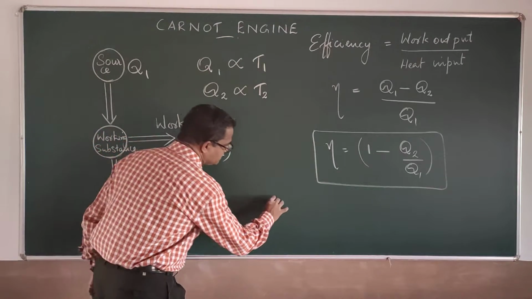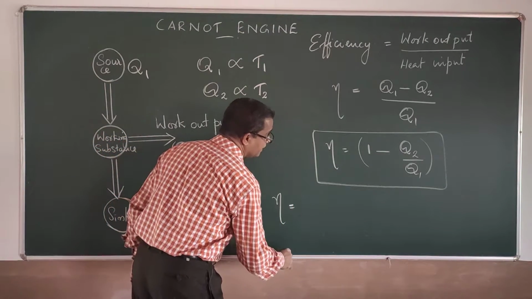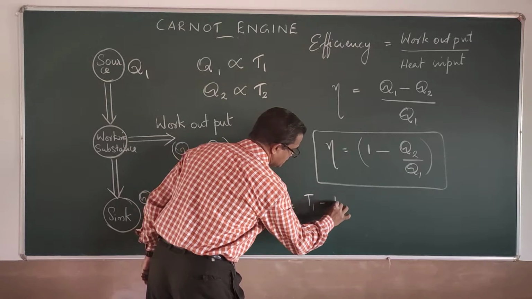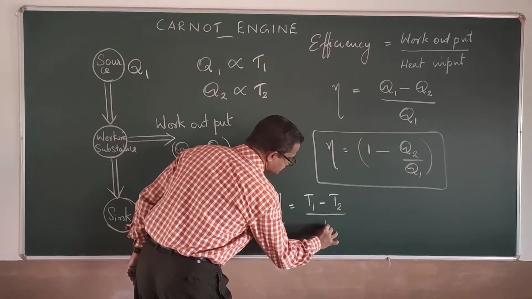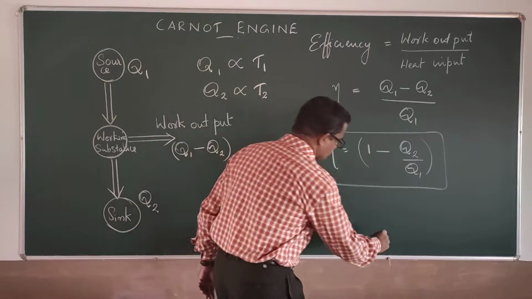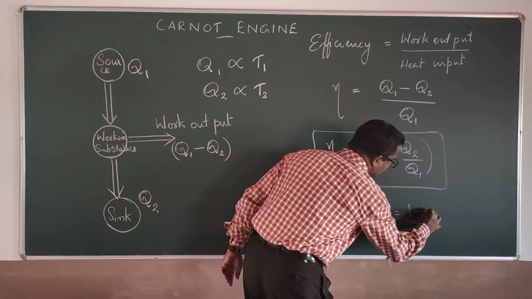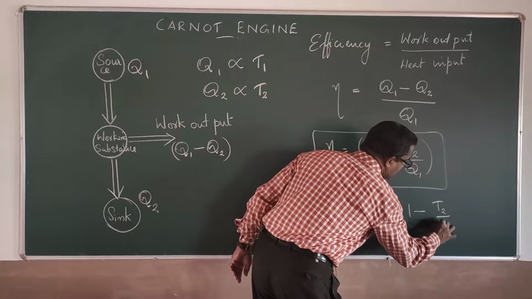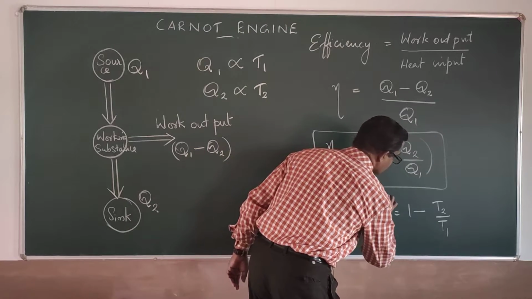Therefore, the efficiency eta can be written as T1 minus T2 by T1, or eta equals 1 minus T2 by T1.